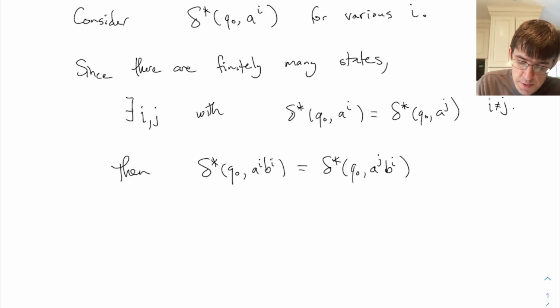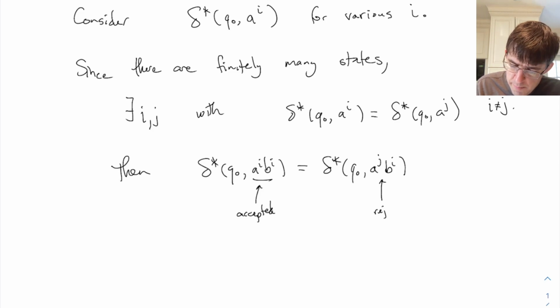But the contradiction is that this string here is accepted, but this string here is rejected. Remember, my language is defined to be the set of strings a to the n, b to the n, where the exponent is the same.